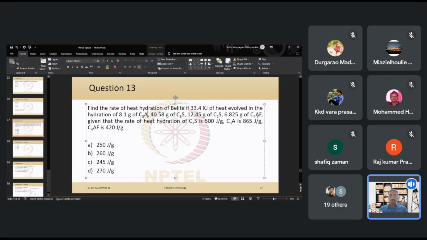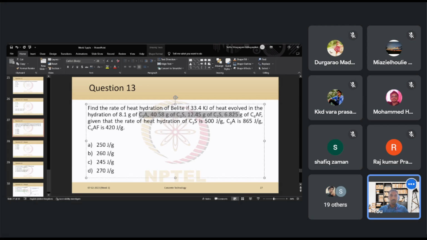For each of these compounds, we know the mass that is getting hydrated, and we are also given the rate at which heat is evolved from C3S, C3A, as well as C4AF. And the question is, what is the rate of heat of hydration for belite?